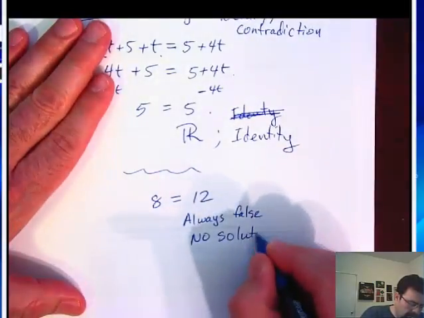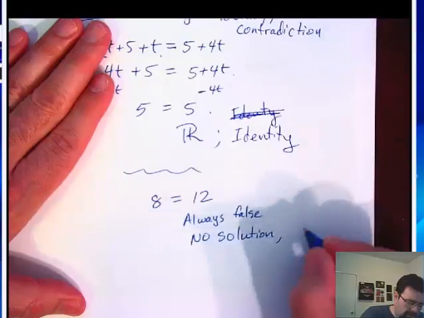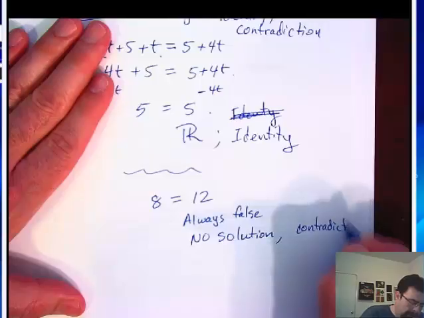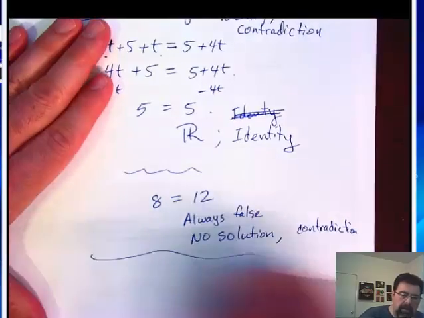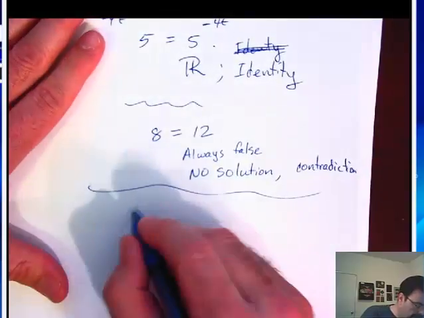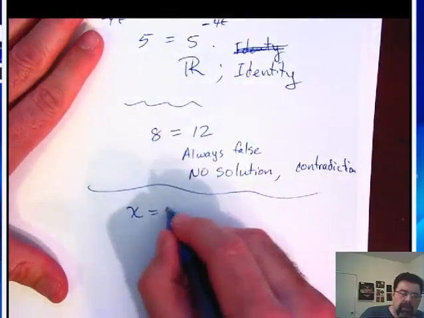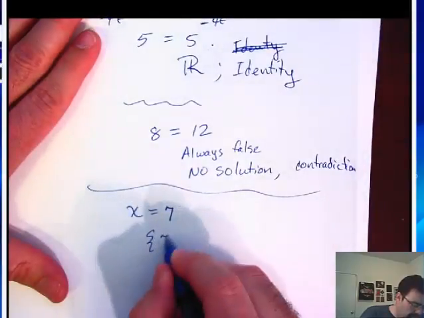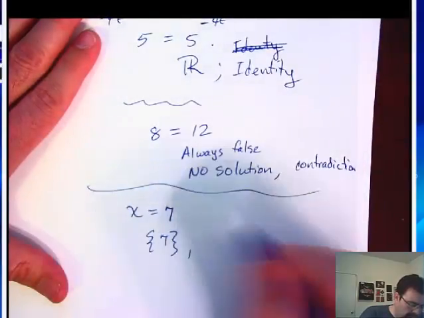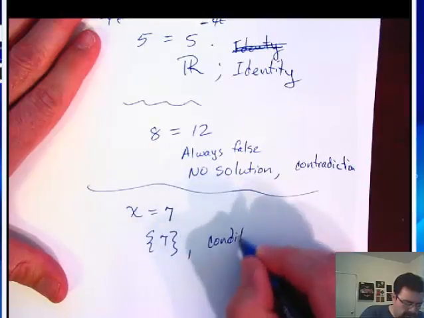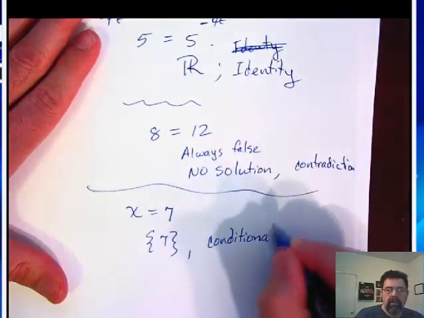So you can write out no solution. And then you would say that's a contradiction. Okay. If you work out an equation and the variables don't all go away and you end up with x equals 7, then obviously the solution set is 7. And then that's a conditional statement, a conditional equation.